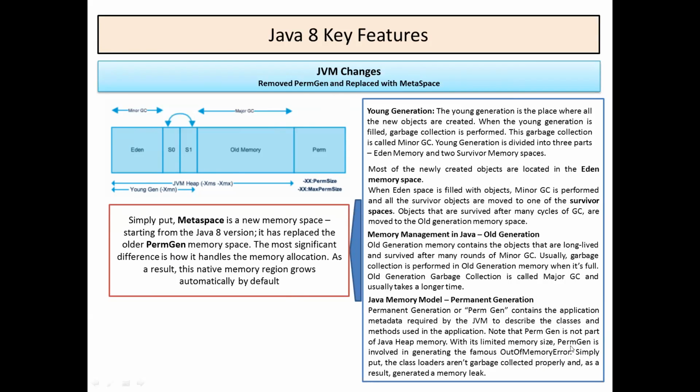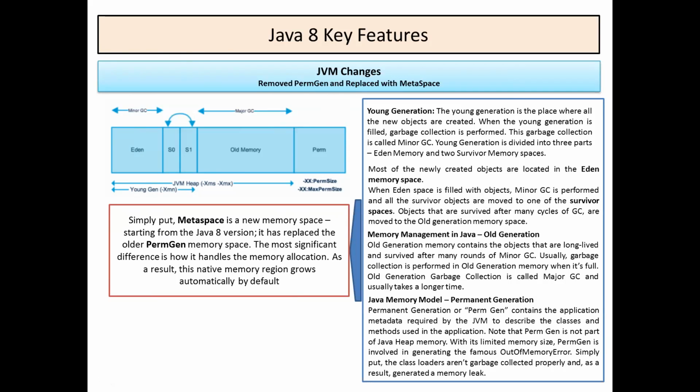This out of memory error was happening whenever the permanent generation was full. Whenever the permanent generation space gets filled, it results in an out of memory exception. And this is a very costly exception because it brings the entire production down. All my servers will fail because of this one error. So that is being avoided in Java 8 by making use of meta space. This is a new concept which is added in Java 8.